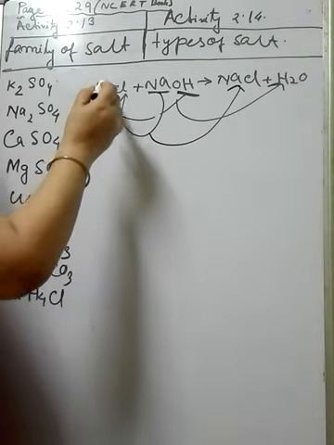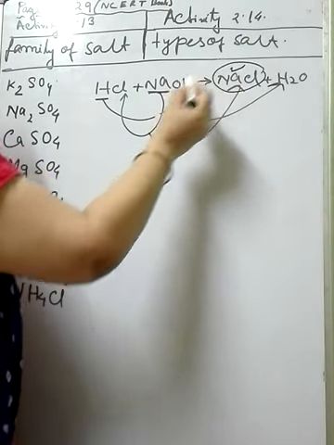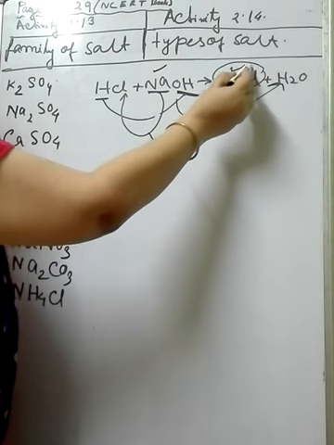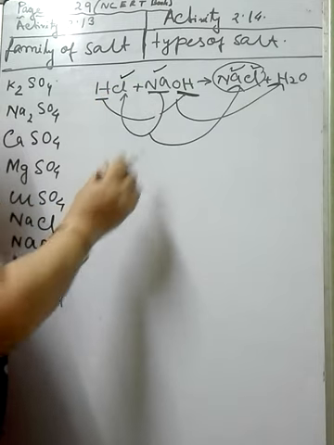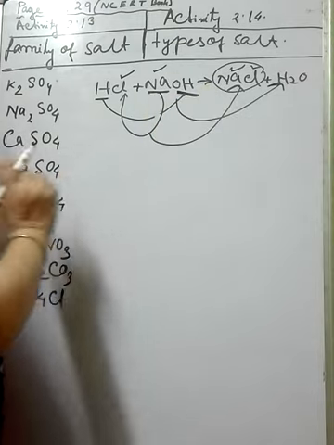That means we come to know that in a salt, the first part comes from the base, the metal cation, and the second part comes from the acid, the non-metal anion. So here chloride ion and sodium cation combine to form sodium chloride.